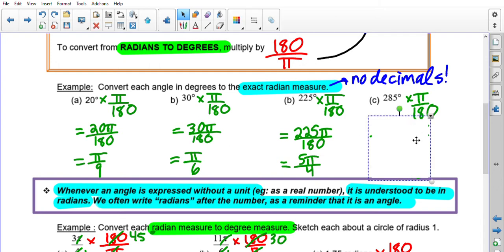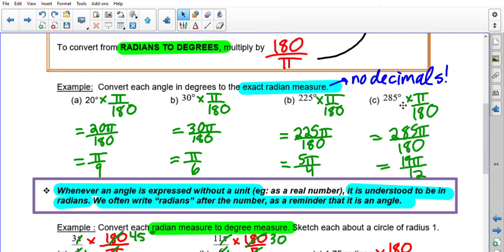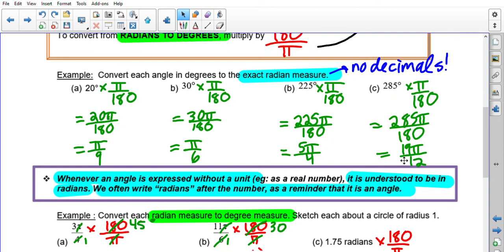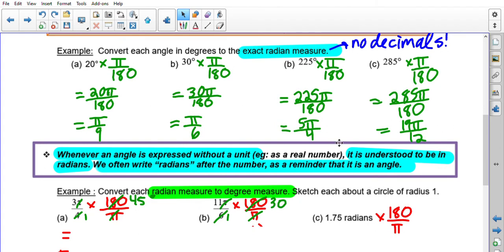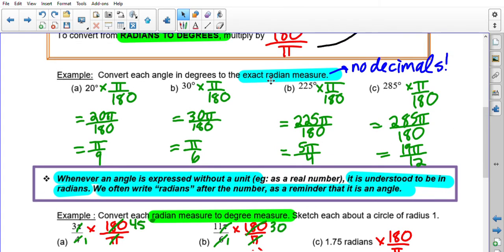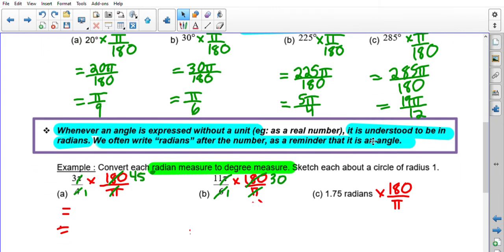285. This one, when reduced, 285 pi over 180 gives us 19 pi over 12. Okay, so not all of them look very nice, but this is how we convert to radian measure. Like I said, if they didn't say exact, you could actually do 19 times the pi button divided by 12 and get a number, 2.